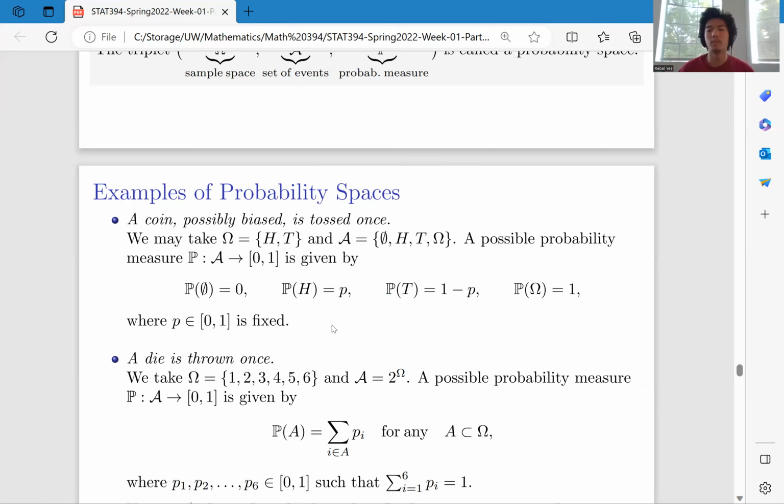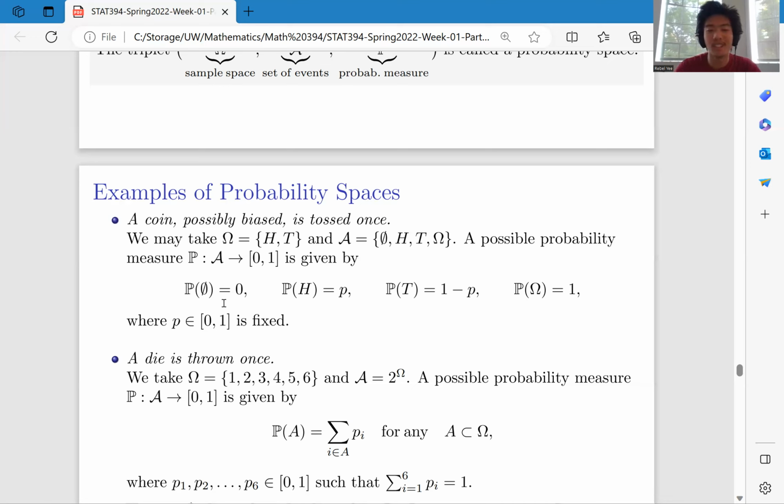So the probability distribution is all of the probability measure that's given to the simple events. The simple events are the events that have only one element inside them, which we already discussed last week.